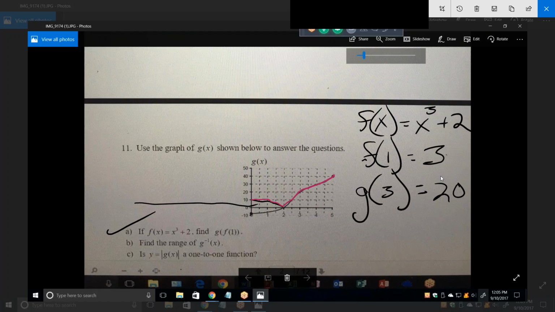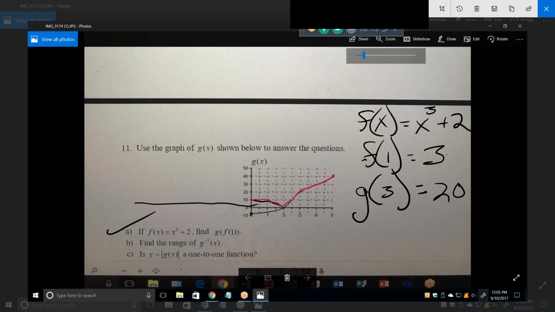Now, do you understand why that's the absolute value? Yeah, because it's making all the negative numbers positive. Exactly. In other words, anything below the x-axis needs to be reflected above the x-axis because it's not going to be negative, it's going to be positive. Okay, so this pink function is our function.